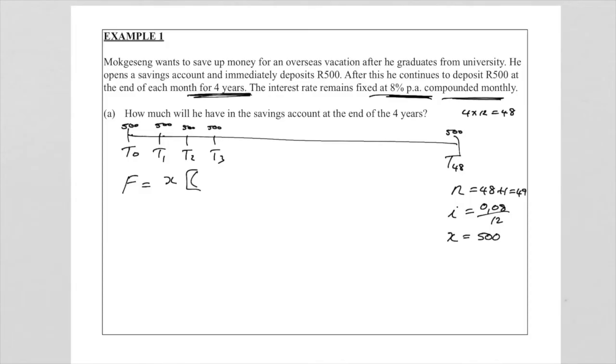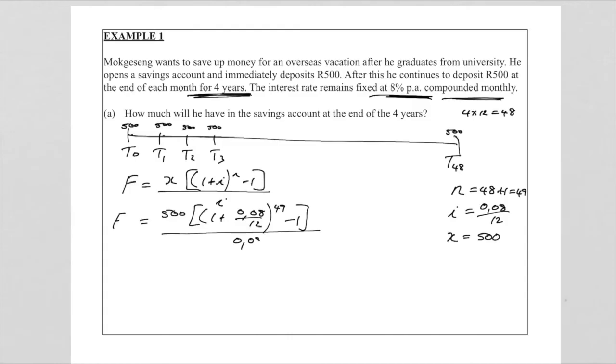That is the monthly payment. 1 plus I to the n minus 1 over I. And now we just substitute. The X is 500. Then 1 plus my I, 0.08 over 12, to the exponent of 49, please not 48, minus 1 over 0.08 over 12.